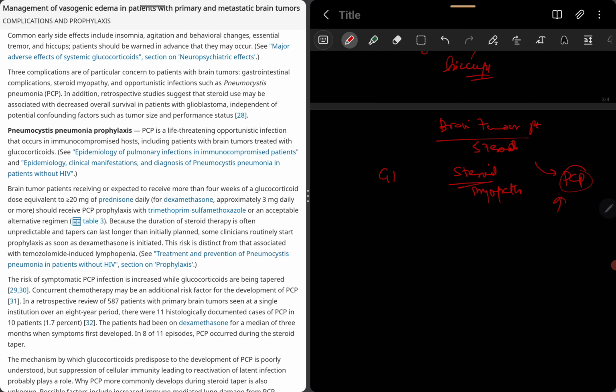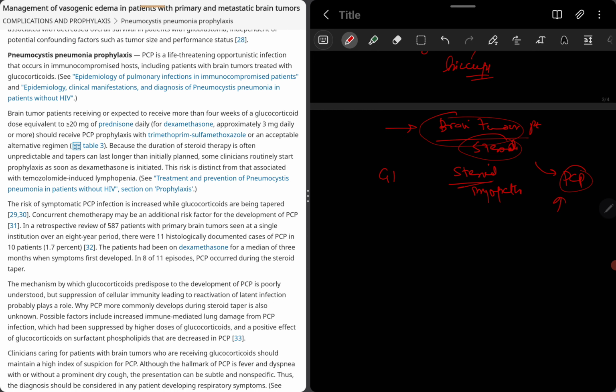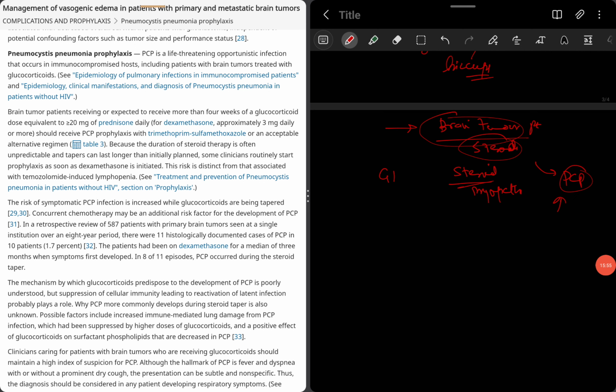We know PCP is a life-threatening opportunistic infection that occurs in immunocompromised hosts, like patients having brain tumors treated with chemotherapy or treated with steroids. Treating with steroids is in turn an immunocompromised state.